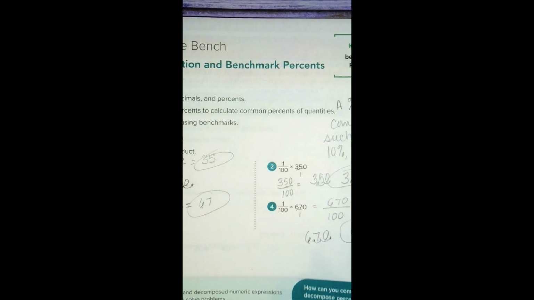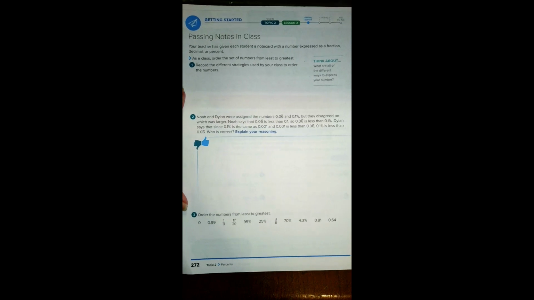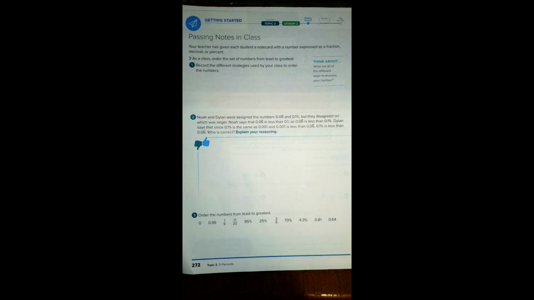Okay, turning the page. In class, we are going to be doing a partner or small group activity where we're going to be putting some percents, fractions, and decimals in order from smallest to greatest.